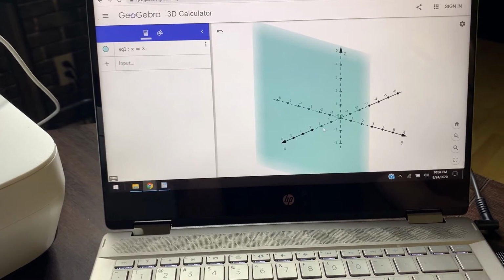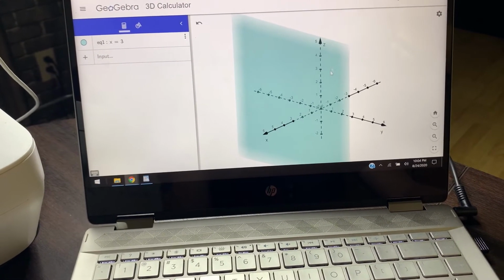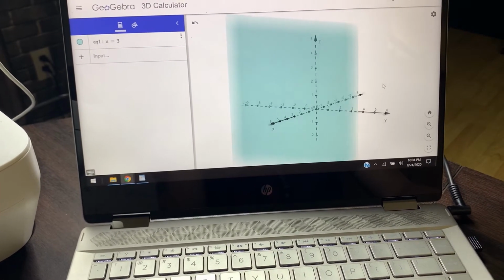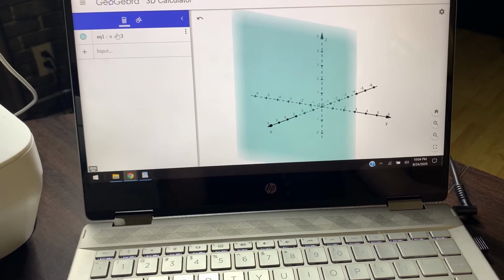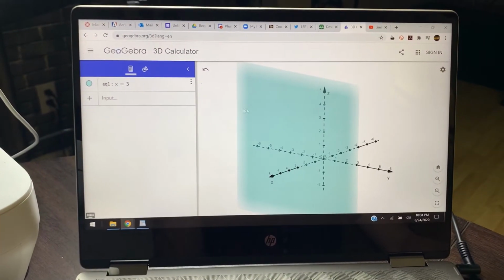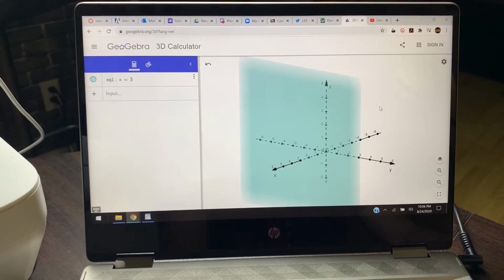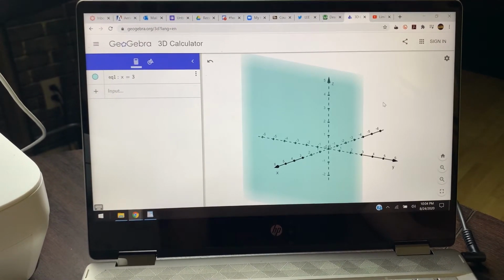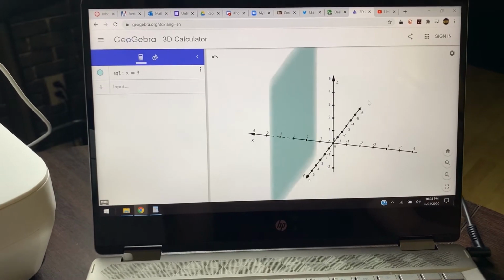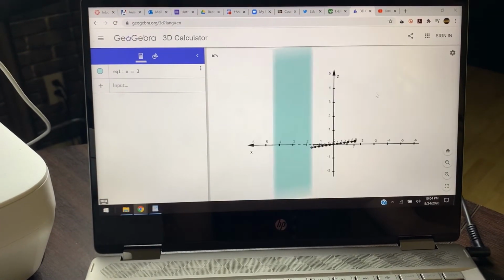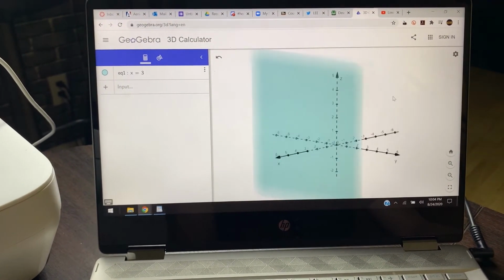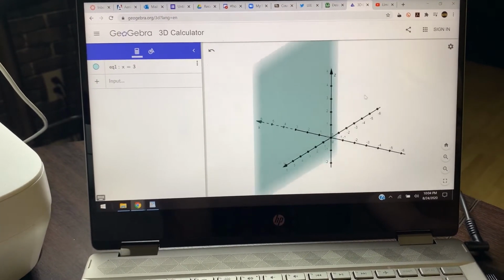So let me reset this. So here we have the x-axis, the y-axis, and the z-axis, which is typically how I like to draw it. And then as we said, x equals 3. In this setting, it produces a plane. P-L-A-N-E, plane. And if I just go like this, you can see that there are many points that live on this plane.